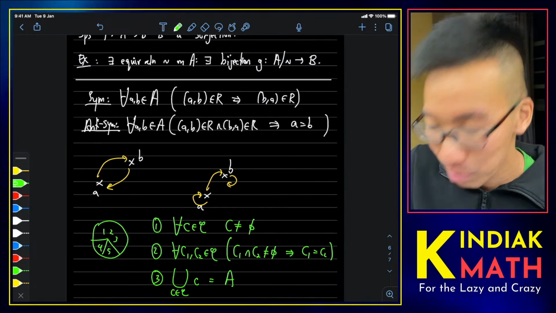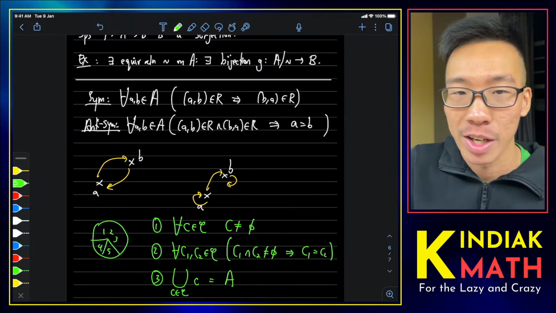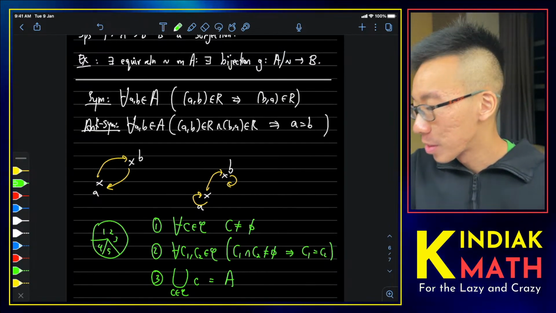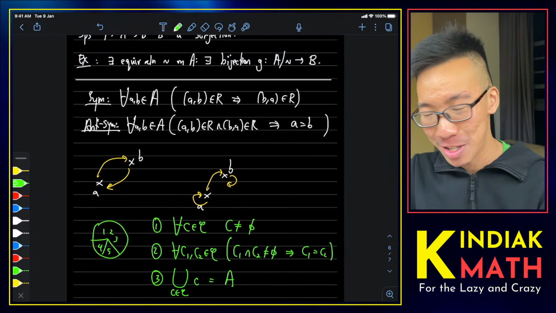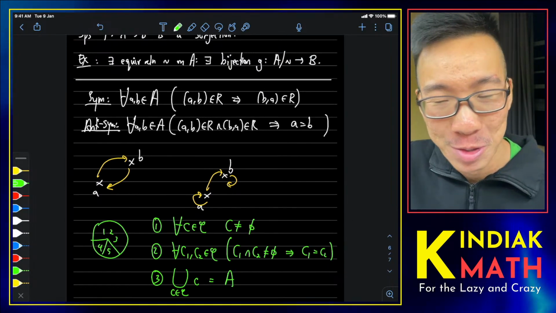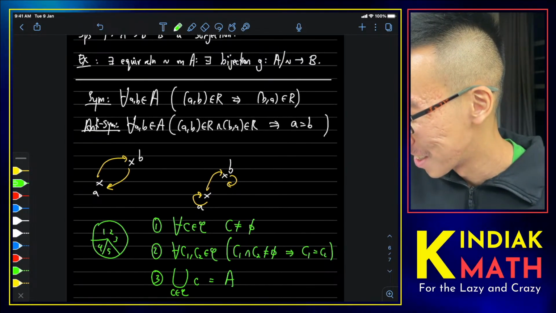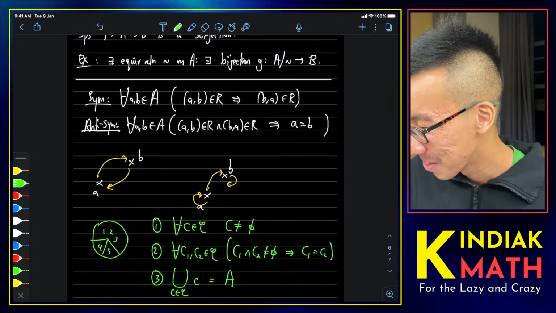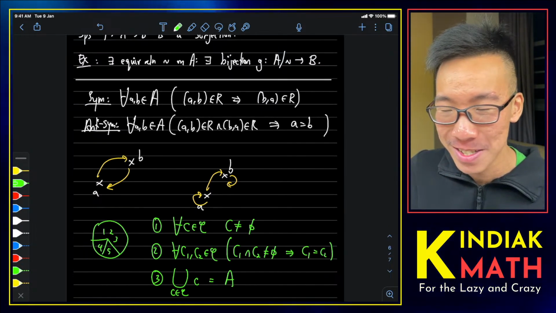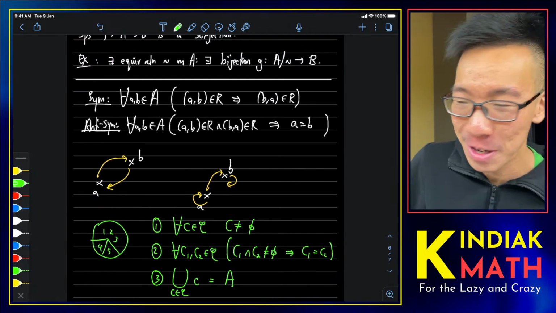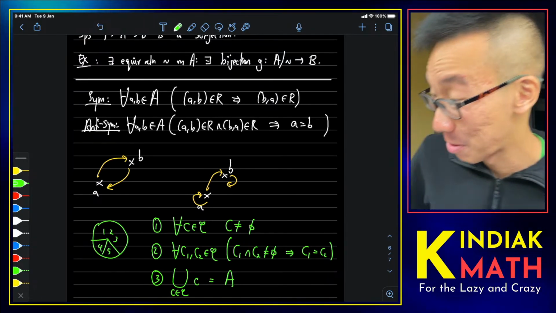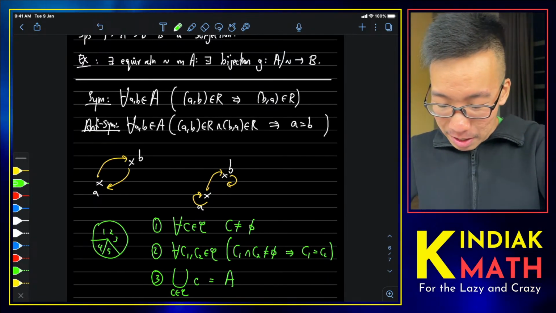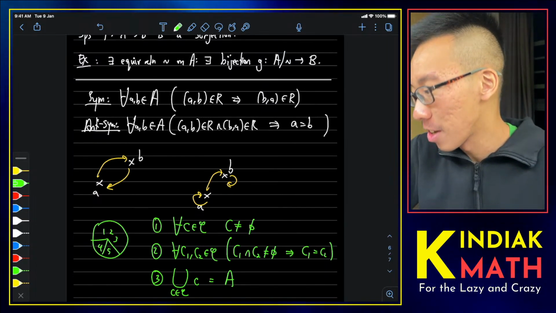I use this pizza slice analogy. I've come to notice that food and math go really well together as analogies. For functions, I've been using a recipe and dish analogy. But those are the characteristics of a partition.